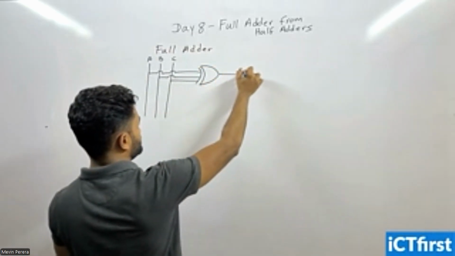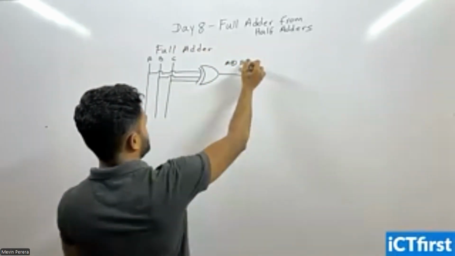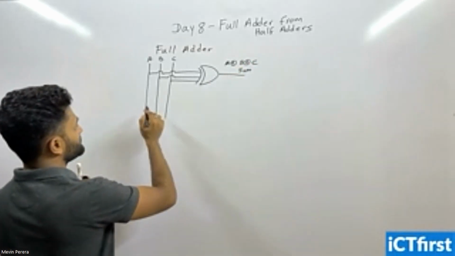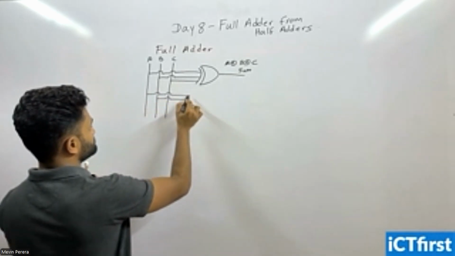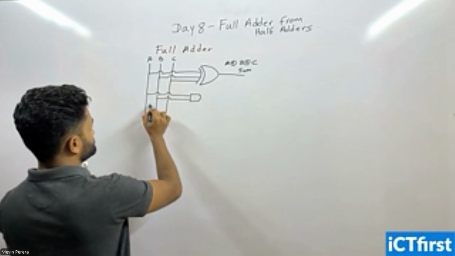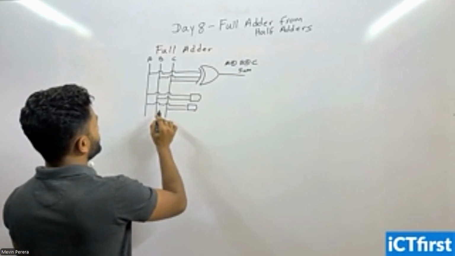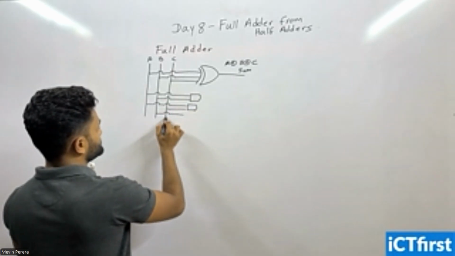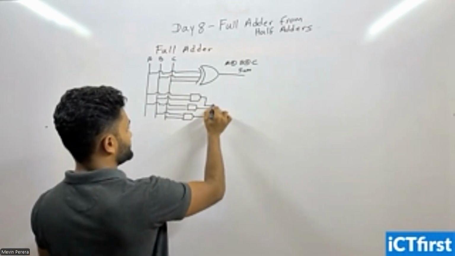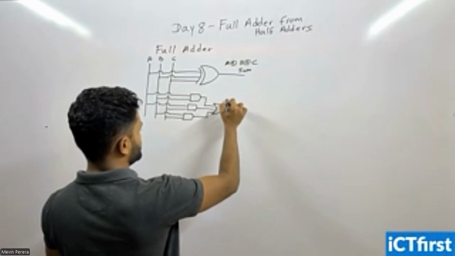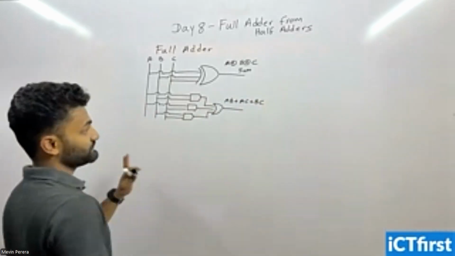So this is what the sum looks like, which is A, B, and C. Then, so this is what the carry bit looks like, the extra bit which we are taking forward. So AB plus AC plus BC.